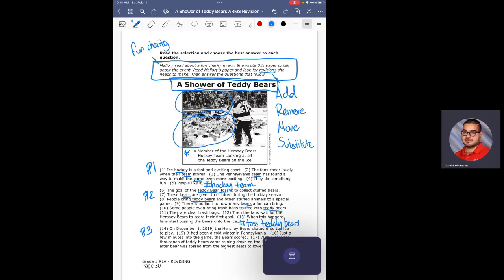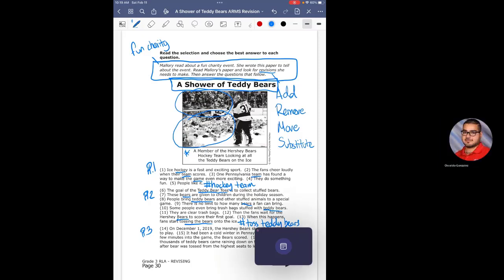Some people bring trash bags stuffed with teddy bears. The fans wait for the Hershey's Bears to score. When this happens, the fans start tossing the bears onto the ice. And this paragraph explains our picture right here, and our title. So there's already a connection between paragraph 1, the title, and our picture with the text box.